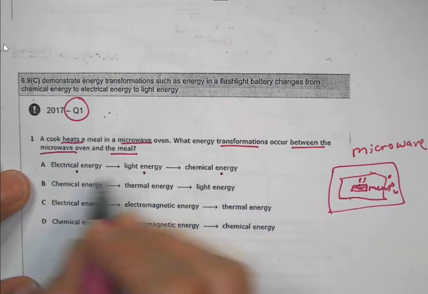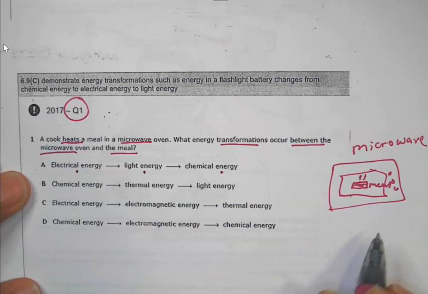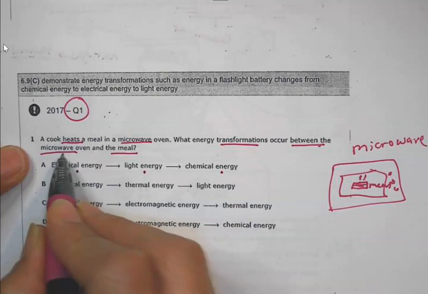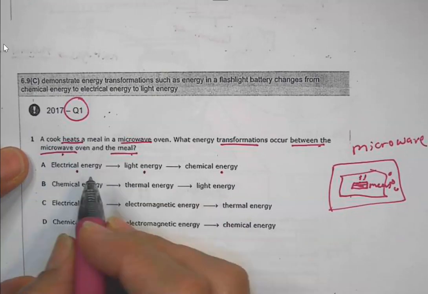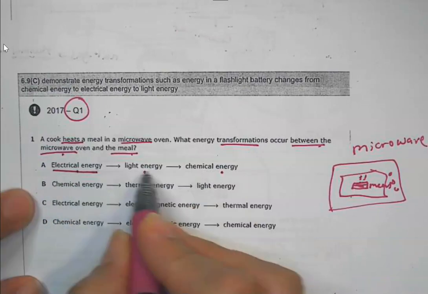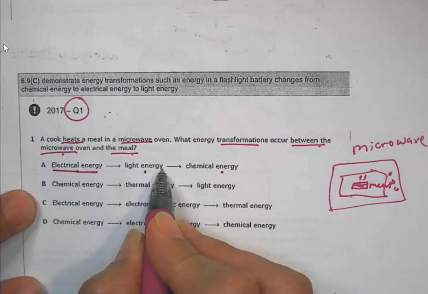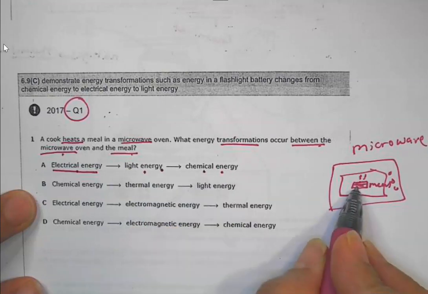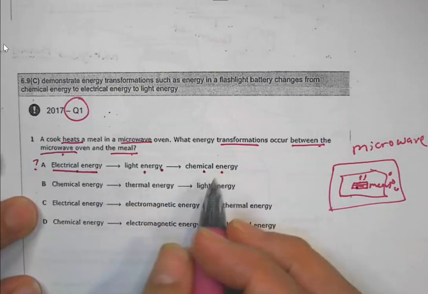Right here, it says between the microwave and the meal. Okay, so we could say that there's electrical energy. So that's good. Then there's light energy. And then there's chemical energy. Well, if we're talking about the meal becoming chemical energy before I eat it, I'm not sure. Let's go to see if there's the best one.